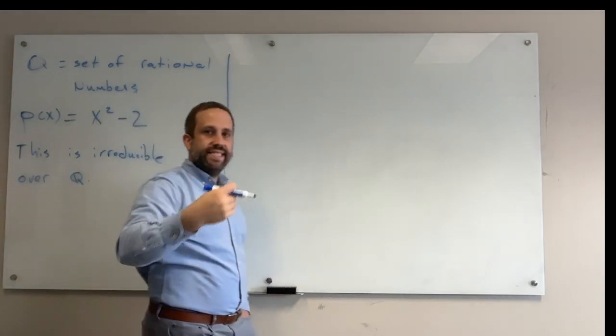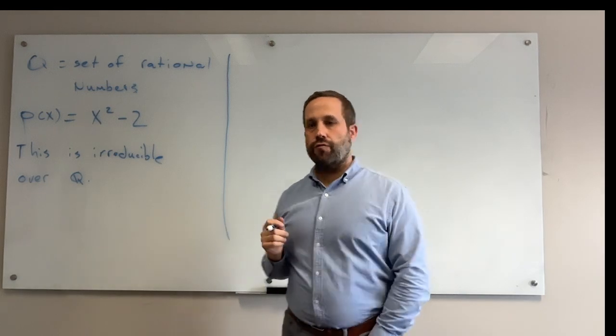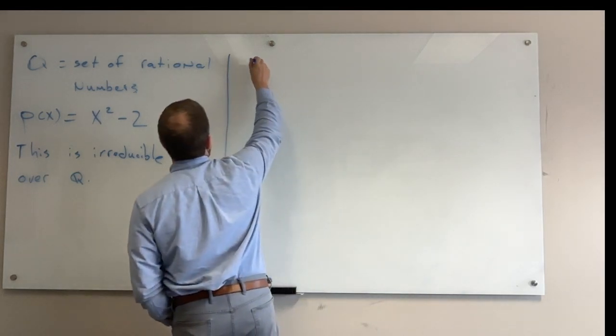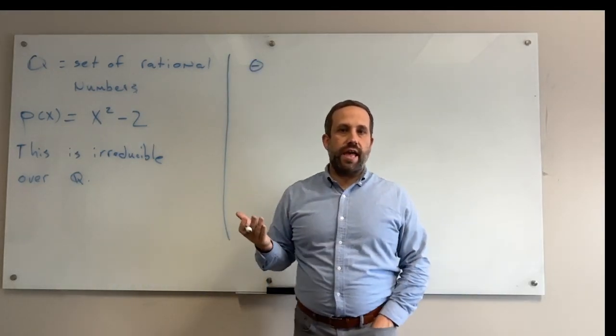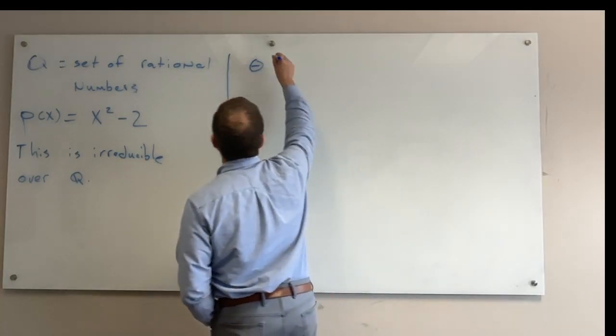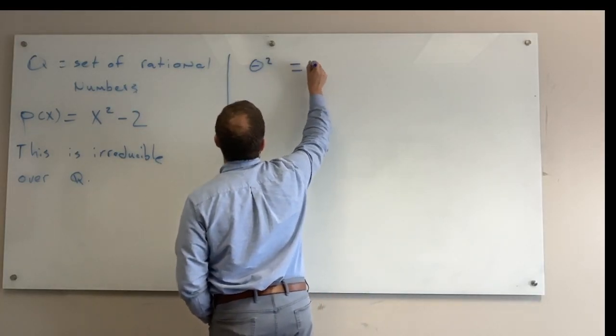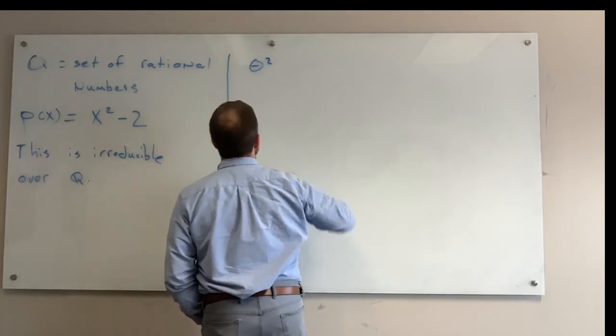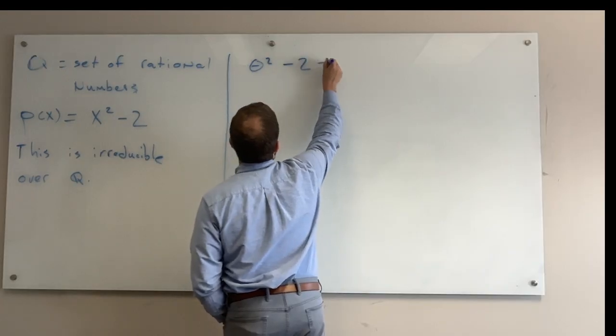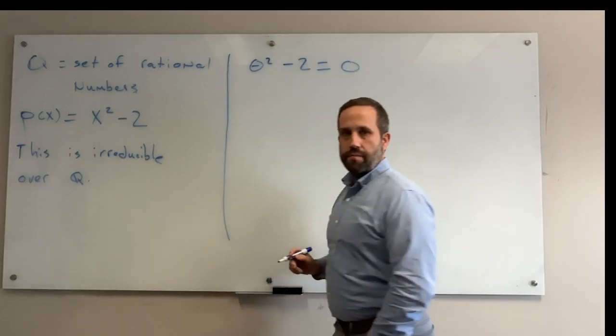We're going to extend Q to a larger field. Let's say there is this element theta. The only thing I know about theta is that theta squared is equal to 2, or equivalently, theta squared minus 2 is equal to 0.